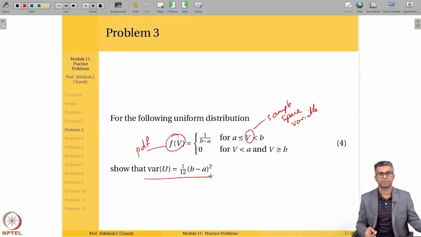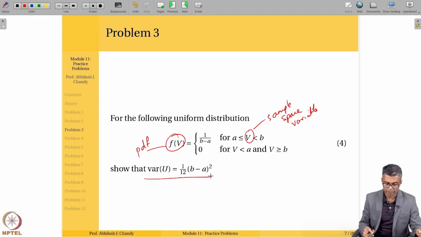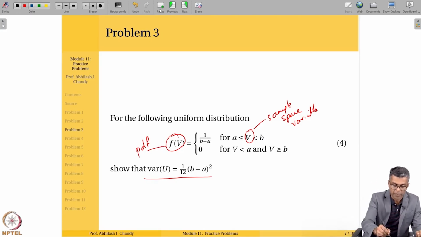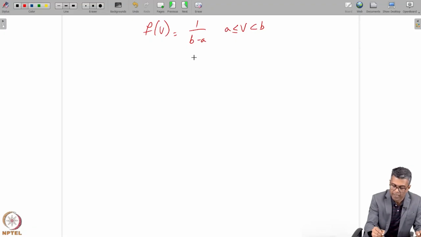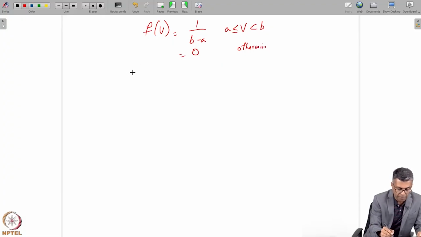How do you do this? So in order to calculate the variance, you will first require the mean. Okay, so let's see. I have my f of v as 1 over b minus a when v is less than b and greater than or equal to a, and it is equal to 0 otherwise, right? Now, the mean is given by, this is how we represented the mean.